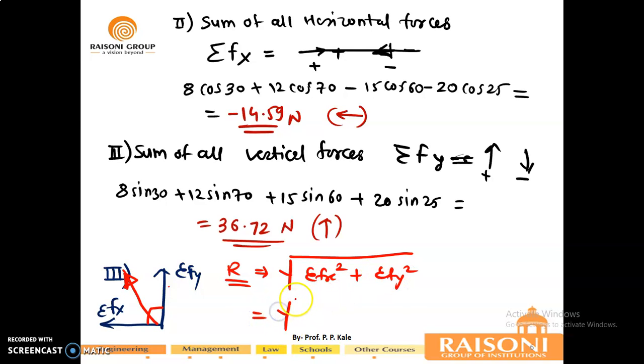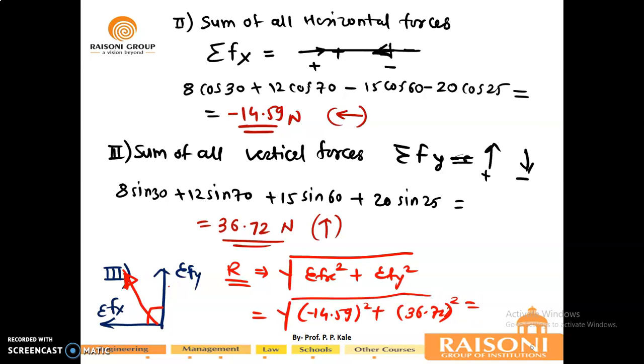So for that, you will get minus 14.59 square plus 36.72 square. The square root of the answer is 39.51 Newton.